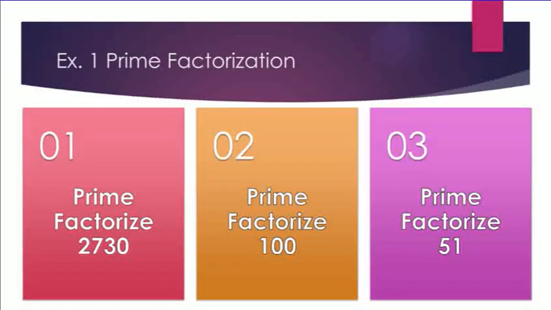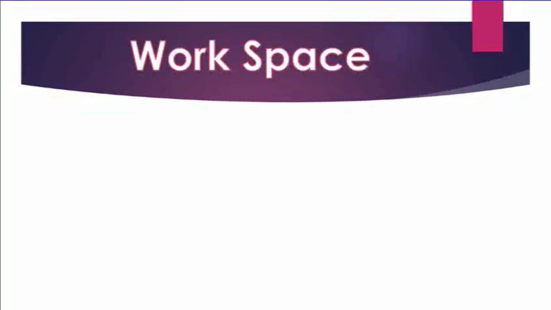Here we have some bigger numbers here. So prime factorize 2,730. We're using method 1, so let's do that one. 2,730 using prime numbers. 2,730 divided by 5. This should be 546.